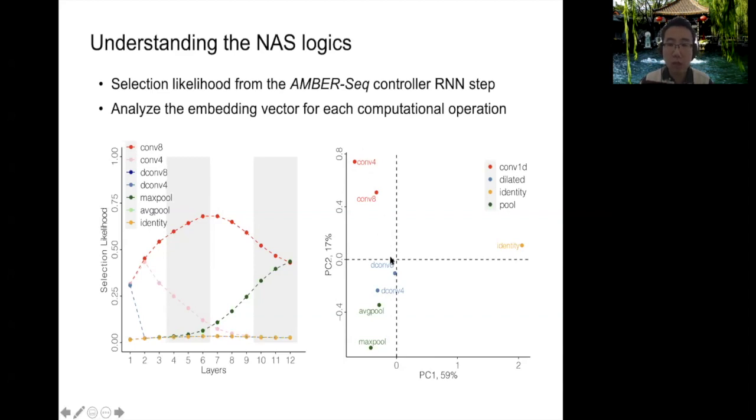So indeed, dilated convolutions are in the middle of convolution and pooling operations. So this tells us that our controller RNN is capable of learning and distinguishing different computational operations that are both different from each other and also ones that are similar to each other. And we believe this is the key that this controller RNN can design accurate model architectures.